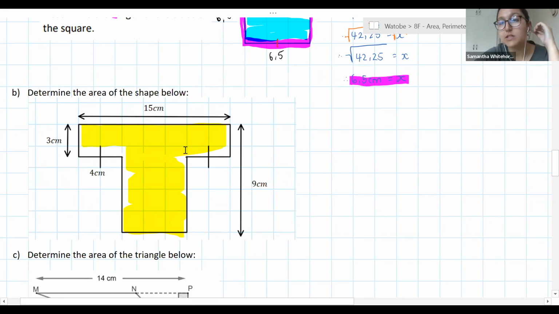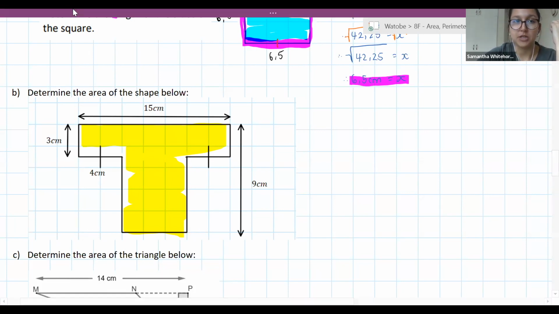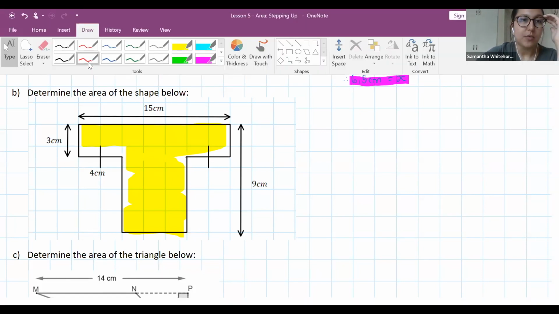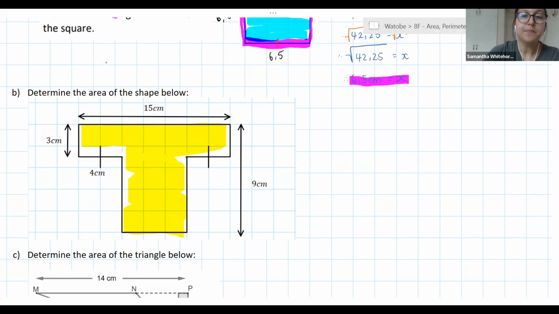Now, you guys might see something different to the way I'm going to break up the shape. You might see 3 shapes, you might see 2 shapes that you can break it up into. It really doesn't matter as long as you use the correct dimensions. So let's just make sure that we're all happy with the dimensions given. The 15 centimeters is the whole length across the top of the T. This 9 centimeters is from top to bottom.